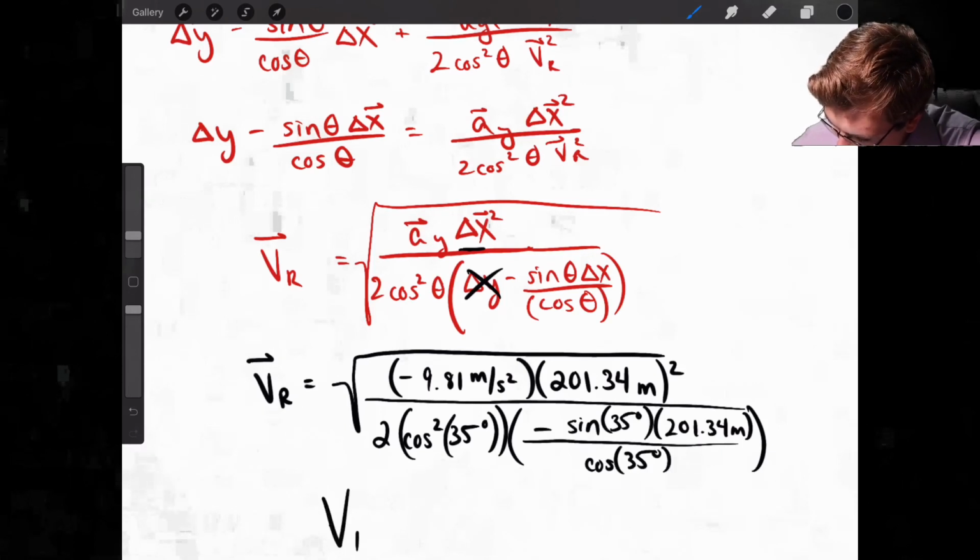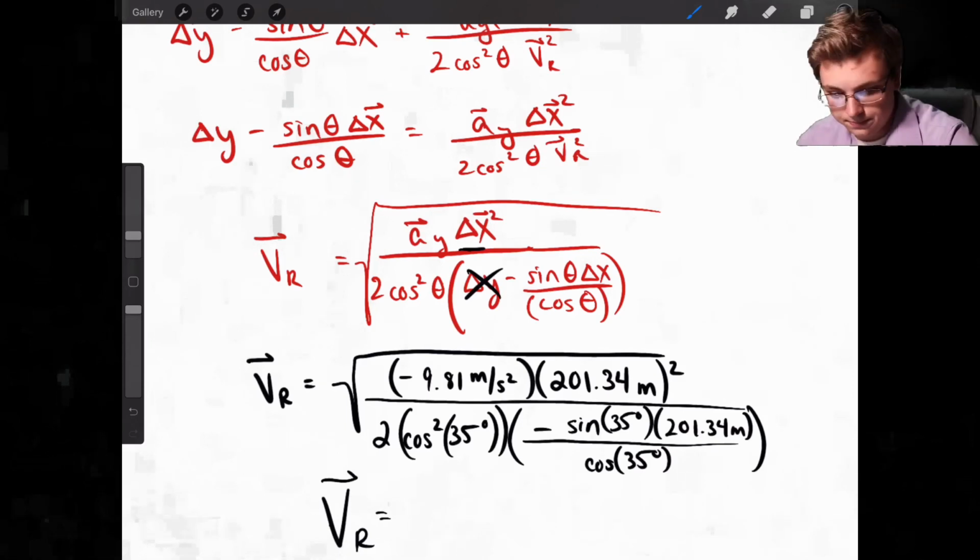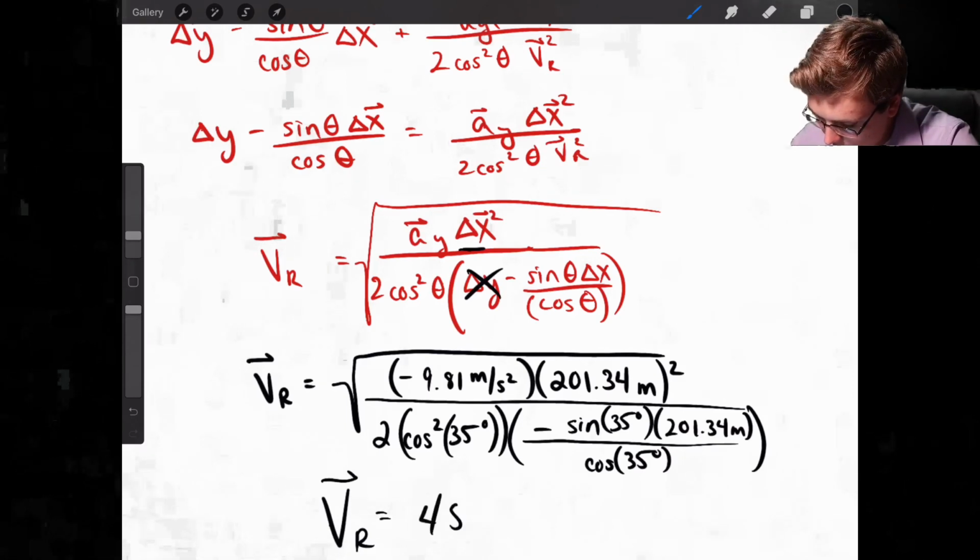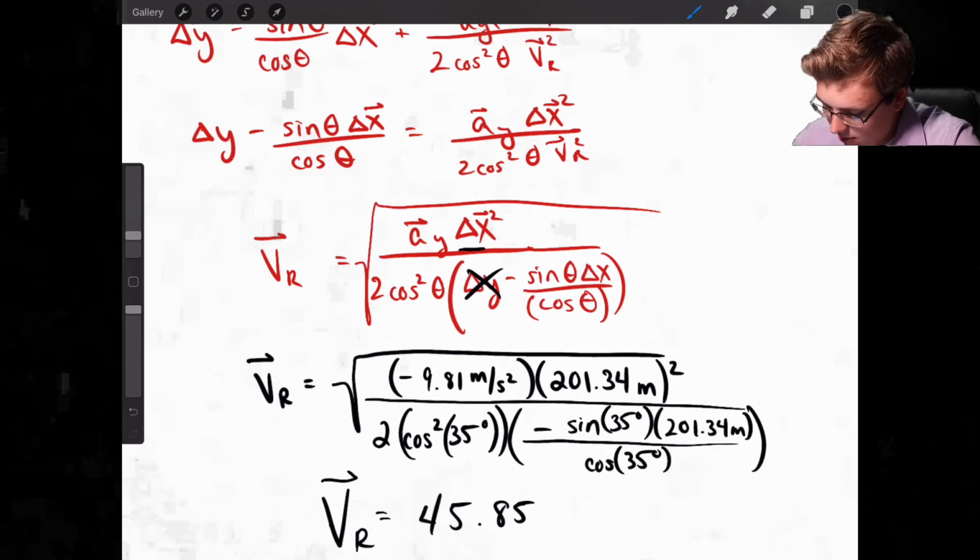That gives me v_R equal to 45.85 meters per second.